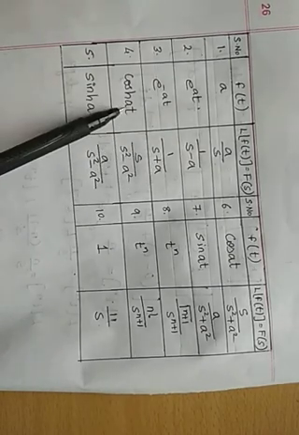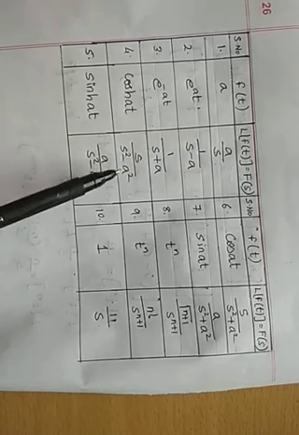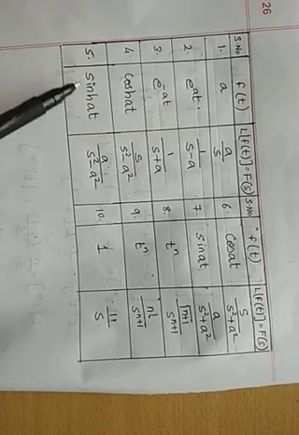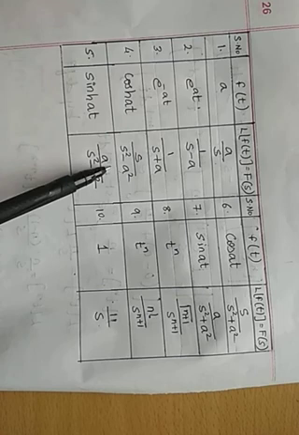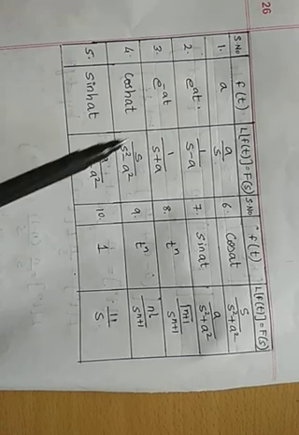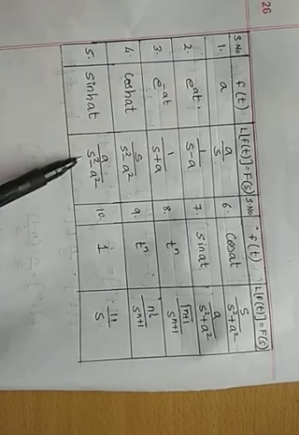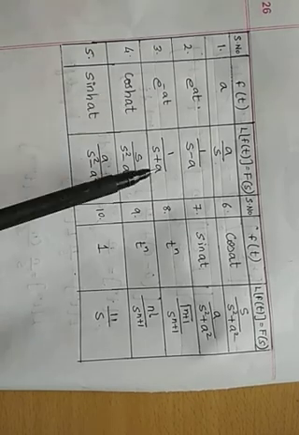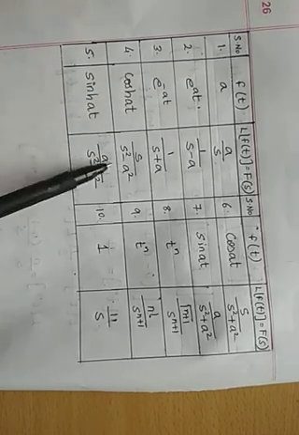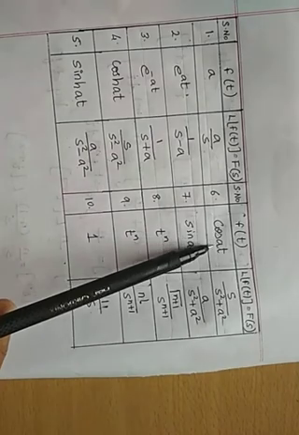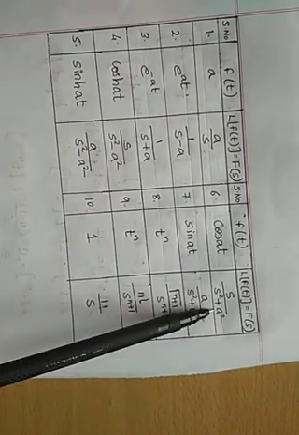Laplace transform of cos hyperbolic at is s upon s square minus a square. Sin hyperbolic at is a upon s square minus a square. For hyperbolic functions, the negative sign comes, and for cos it will be s, for sin it will be a. Cos at will become s upon s square plus a square.